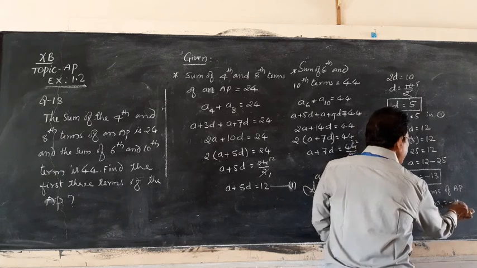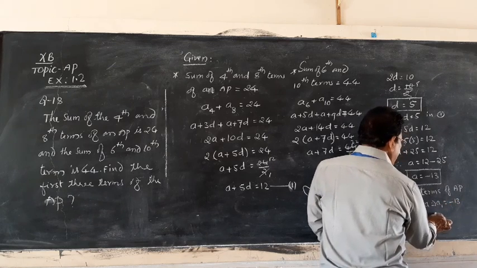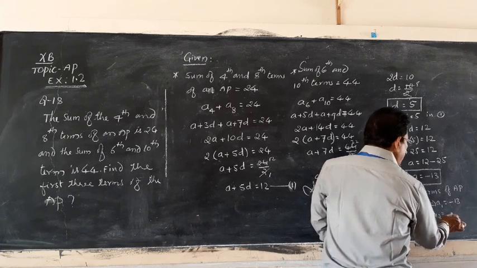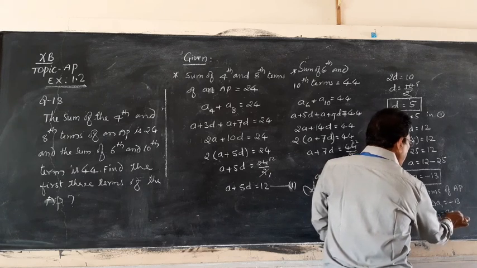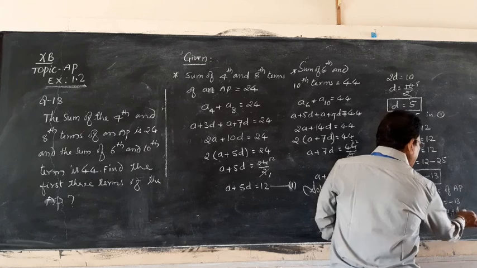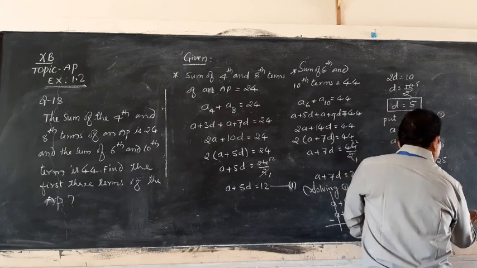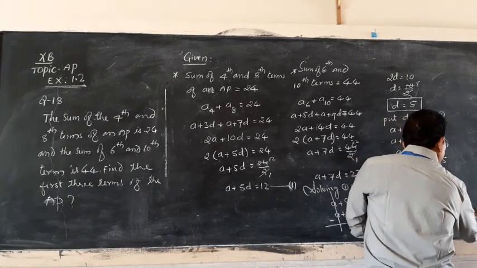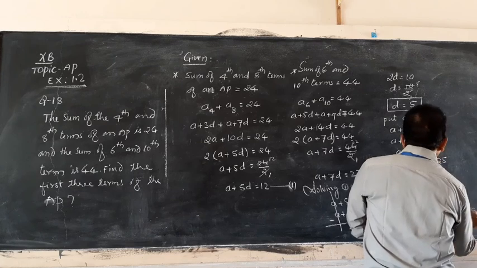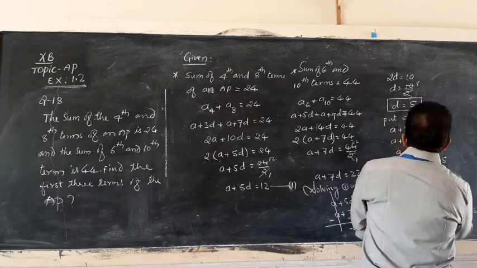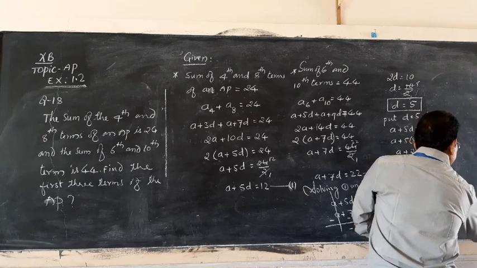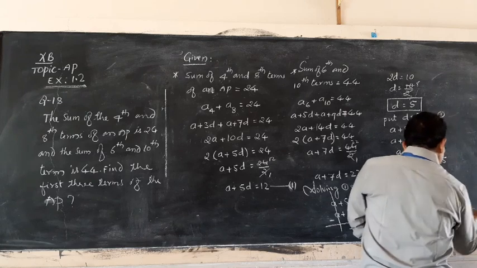A1 equals minus 13. Then A2 equals A1 plus D, that is minus 13 plus 5, that is minus 8.